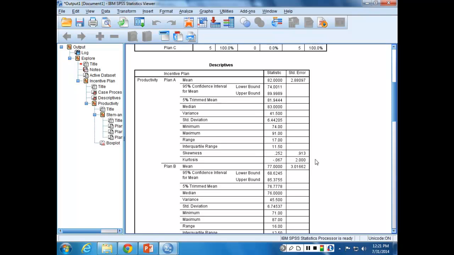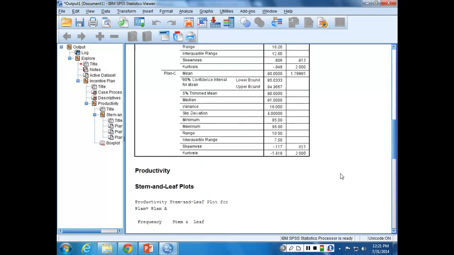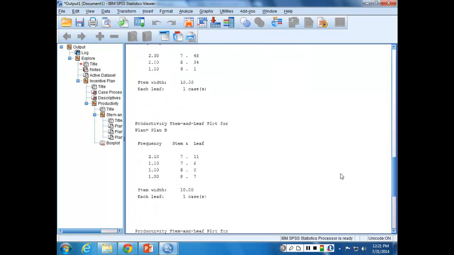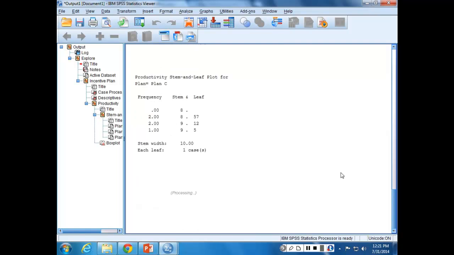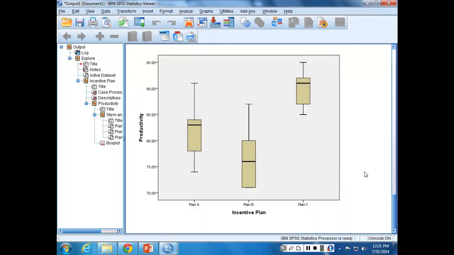We haven't covered it in here, but it has something that measures skewness, and kurtosis is how flat the distribution is. And then there it is for Plan B and Plan C. It gives you stem and leaf displays. It gives you box plots automatically.